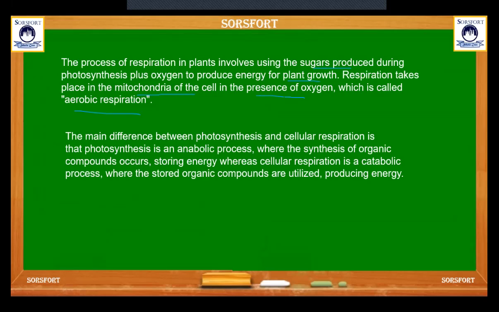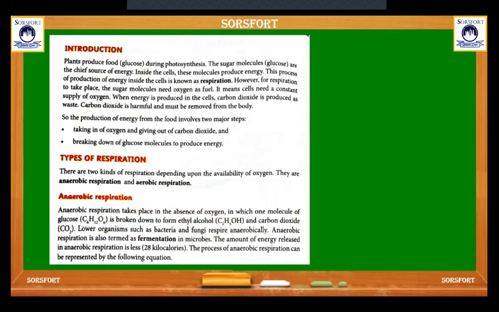The main difference between photosynthesis and cellular respiration is that photosynthesis is an anabolic process where the synthesis of organic compounds occurs, storing energy, whereas cellular respiration is a catabolic process where the stored organic compounds are utilized and energy is produced. Let us start our chapter.